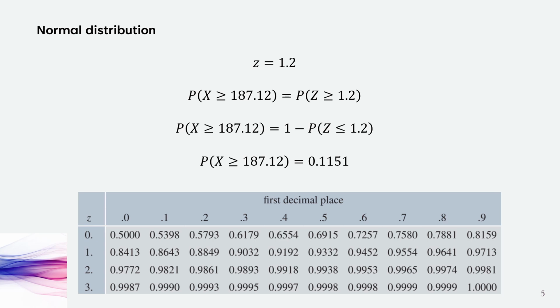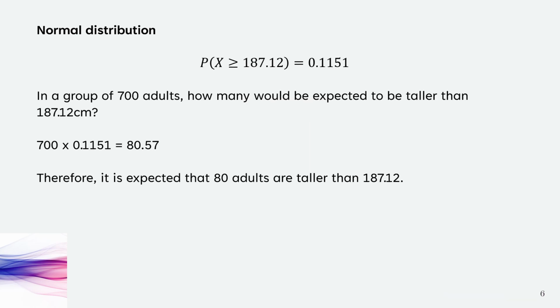So that would be potentially, I guess, your second and third marks there. So therefore, out of the 700 adults, how many would be expected to be taller than that? Well, 0.1151, if we times that by 700, that gives us 80.57. So therefore, it's expected that around 80 adults are taller than 187.12.